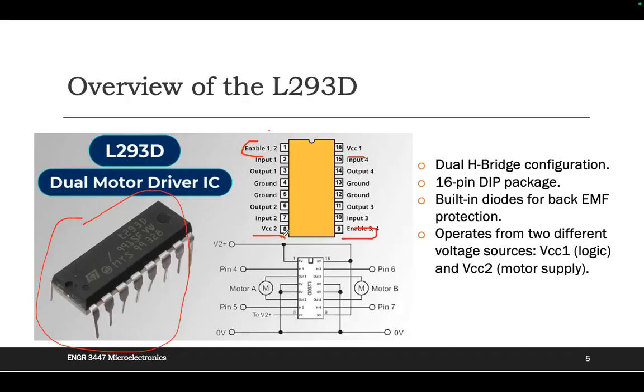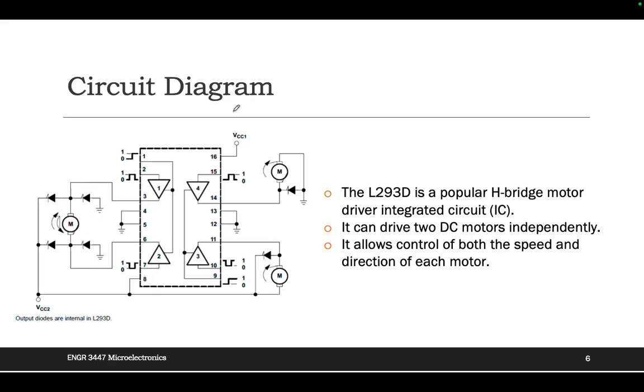Okay, and then let's talk about the circuit. In our lab, the circuit is not complicated. You just need to connect the motor to different pins and give different signals. You don't need to connect extra items like the diodes, the resistors, or the transistors.